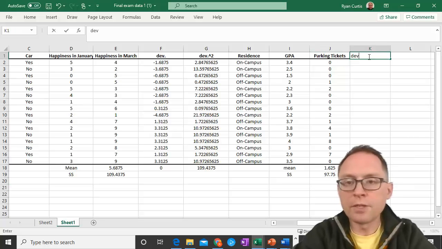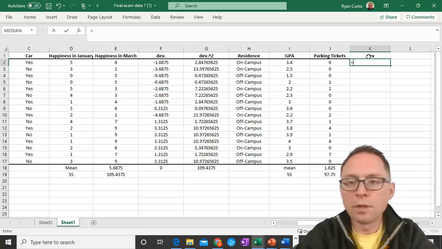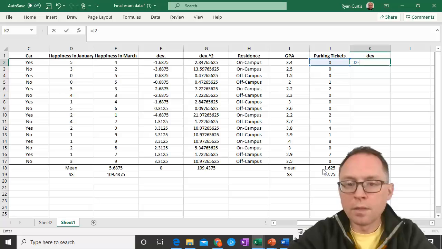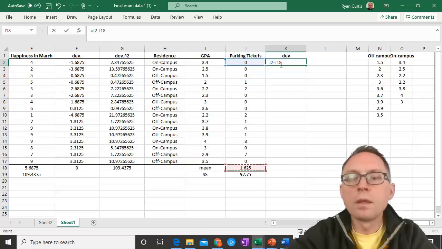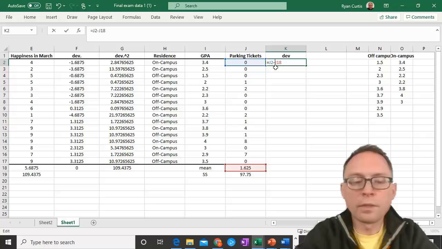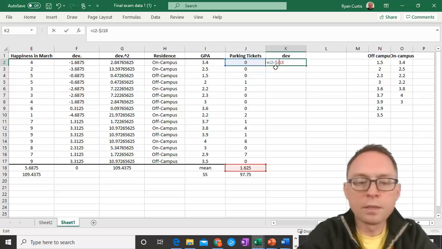Equals, this is deviations. So equals this minus the mean. You'll see what those things on the side are in just a minute. And I'm going to put my little dollar signs on there to keep it in place.